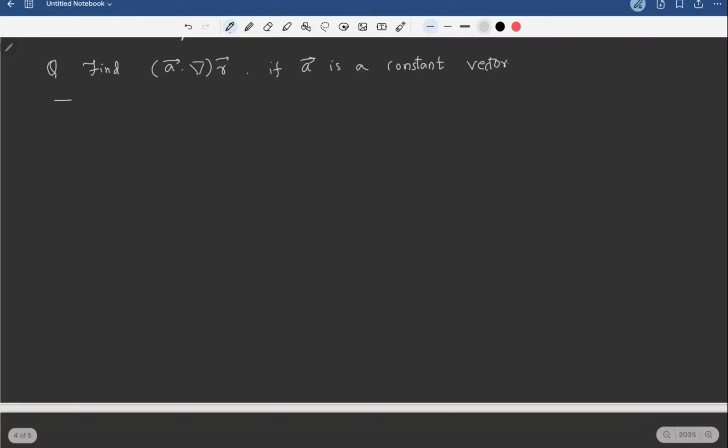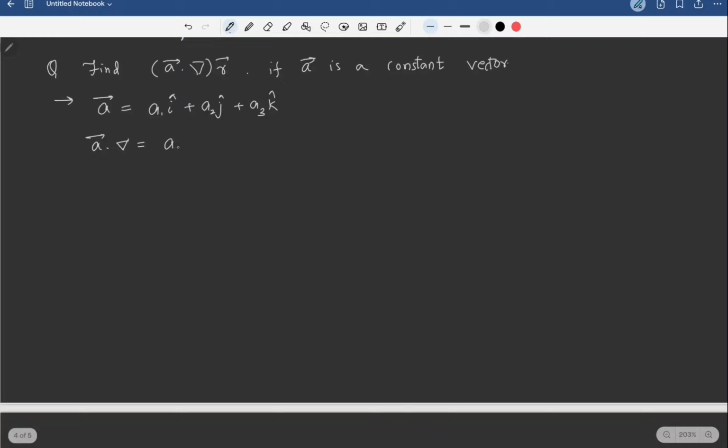So how do you solve it? Let's expand it. Take a is equal to a1 i cap plus a2 j cap plus a3 k cap. So when we do that, we get a dot del, remember this is now in operator form.